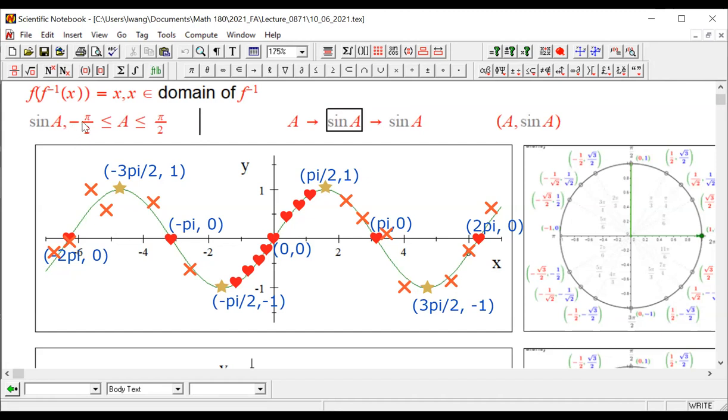You can only measure from 0 to pi over 2 or from 0 to negative pi over 2. When you measure your angle, you can only measure as far as over here, counterclockwise. You cannot go over. If you go over, that will not be the function you define.